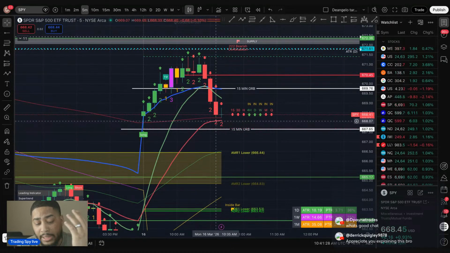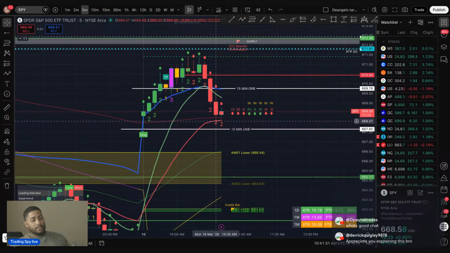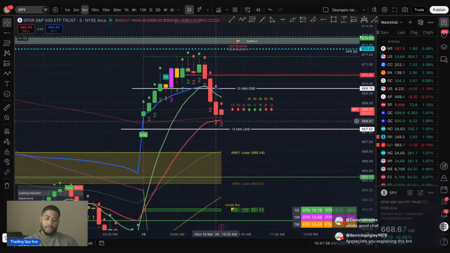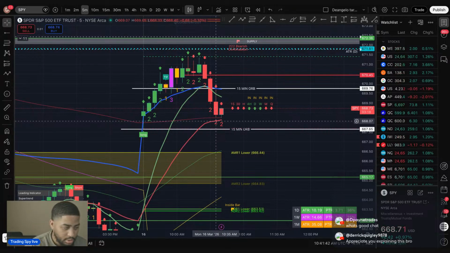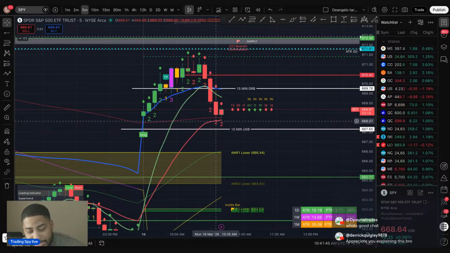So that's why I'm leaning more towards the bear side. But we've got to see how this candle closes right here because this is a fail to the downside. It's going to pop back up. And you can look for calls, especially if we get back above the ORB, this market's going to fly. But I really would like to see the market test this gap. Like I really would like to see it.